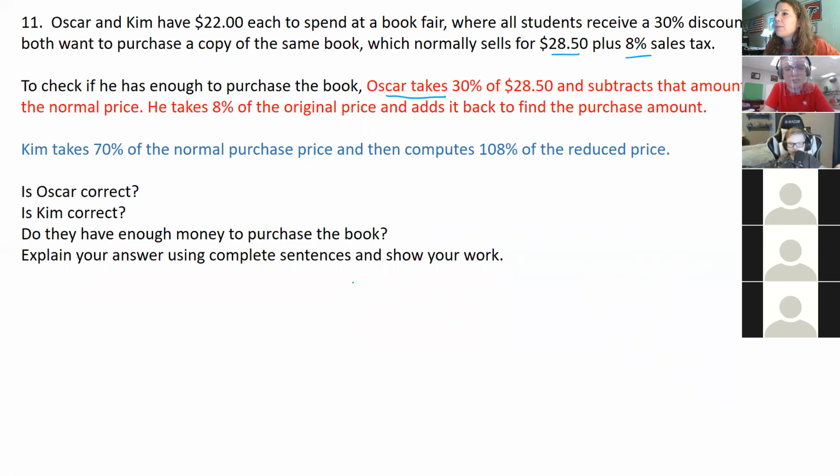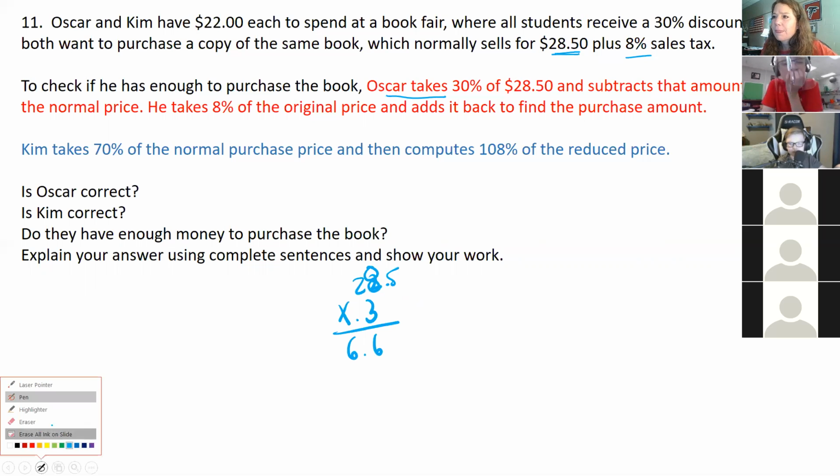Oscar takes 30% of $22, which is, I don't know, $6.60. And, oh, what am I doing? It's $28.50. Just kidding. Oh my gosh, let me start over. I'm so sorry.